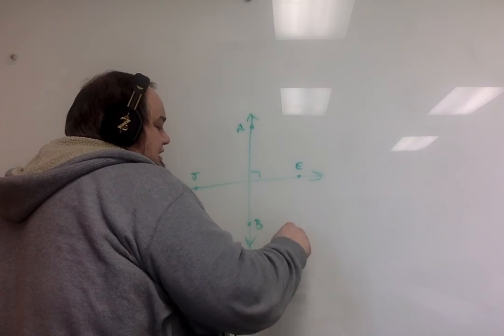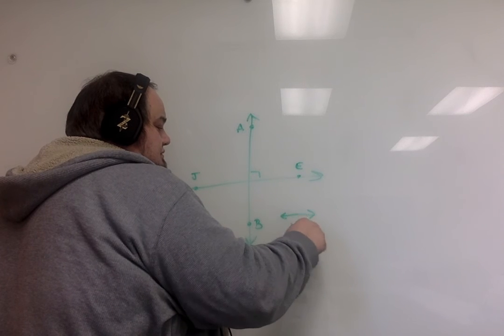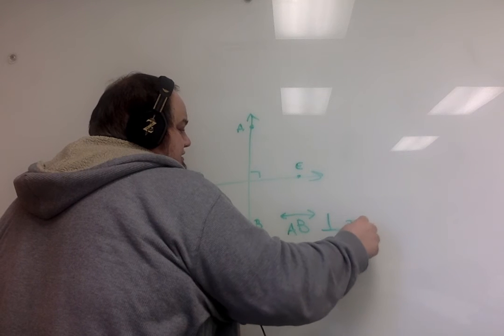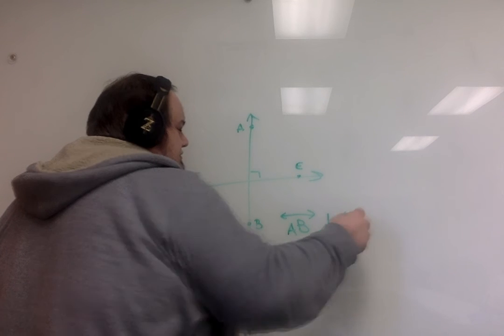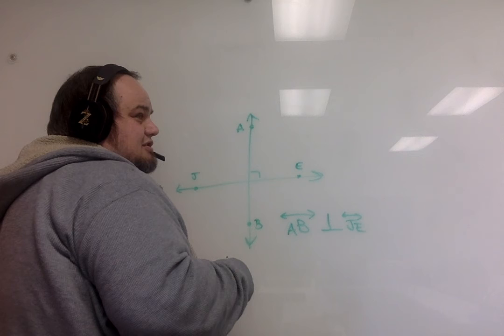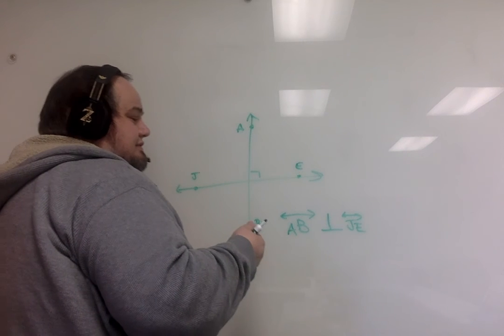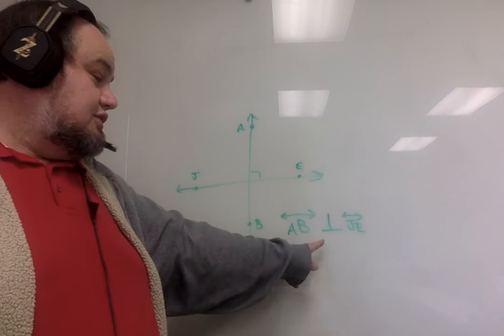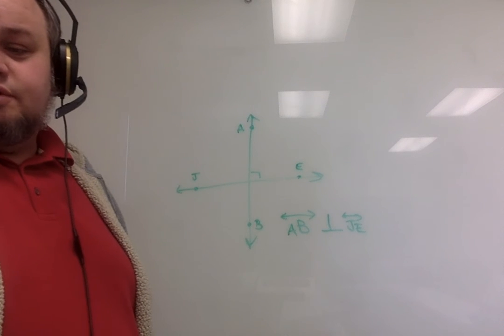We could say line AB is perpendicular to line JE. Now the symbol for perpendicular looks like a capital T that we turned upside down. So that's the symbol for perpendicular. It's right here. It's also in your books.